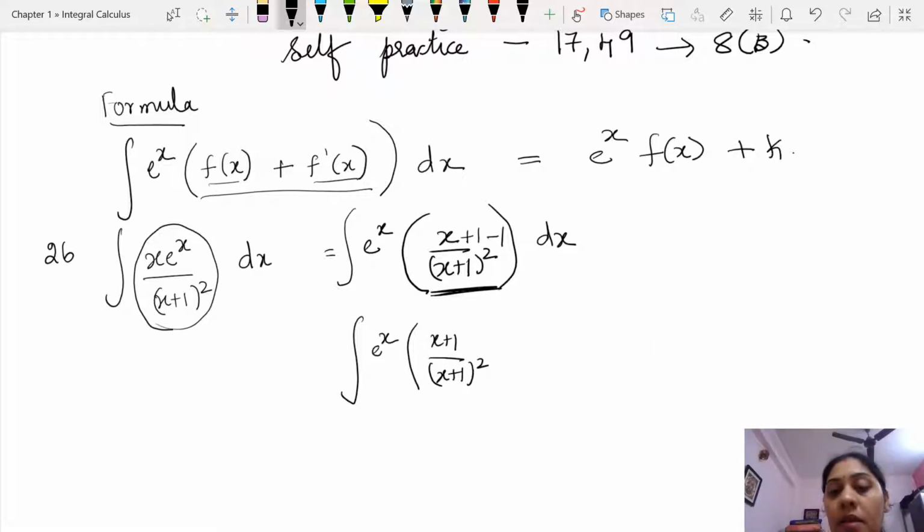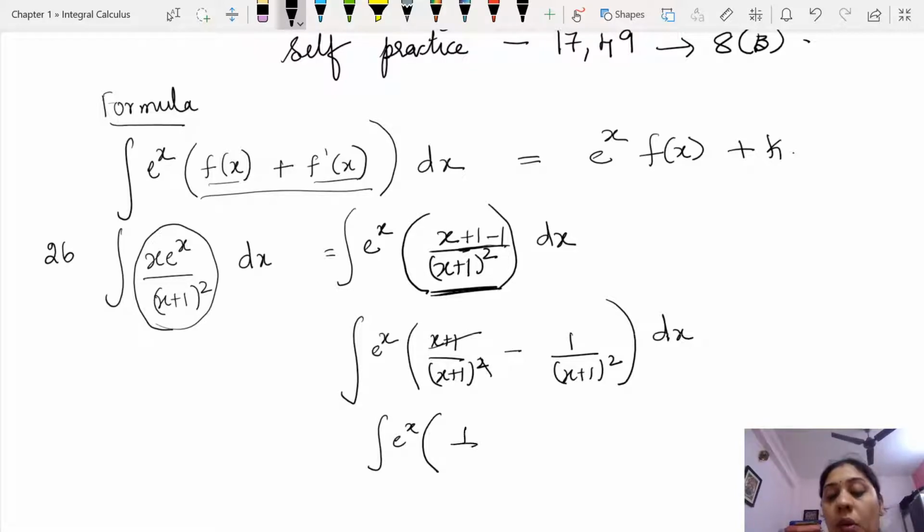Then the minus 1 that I've added, I'm going to keep as a separate term, over x plus 1 the whole square, close the brackets, dx. Now these two terms get cancelled. What you are left with is e power x into 1 by x plus 1 minus 1 by x plus 1 the whole square dx.